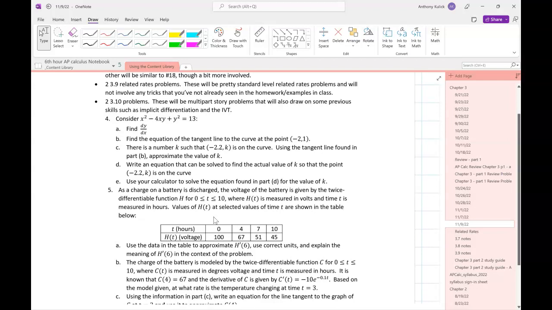But why? That's what you need to show. Well, it says given by the twice differentiable function h. Great. And in order to take the derivative of something, it must be continuous. Very good. So differentiability implies continuity. Okay. So there's your continuity.